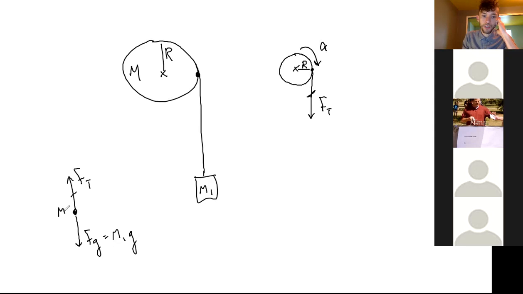This is mass 1. This is the pulley. So Newton's second law for this, remember we always want the direction of acceleration to be positive. So I want down here to be positive. So Newton's second law for this scenario would be M1g minus force of tension is going to equal M1a.